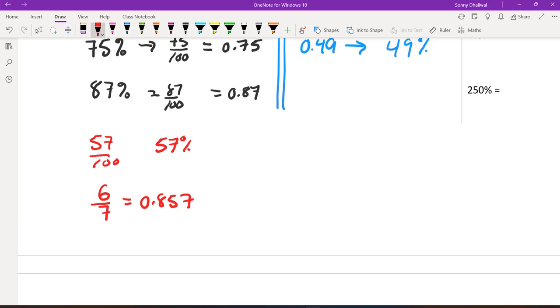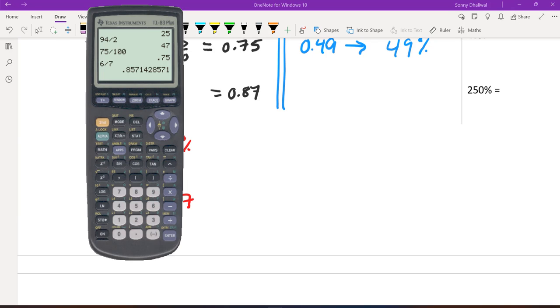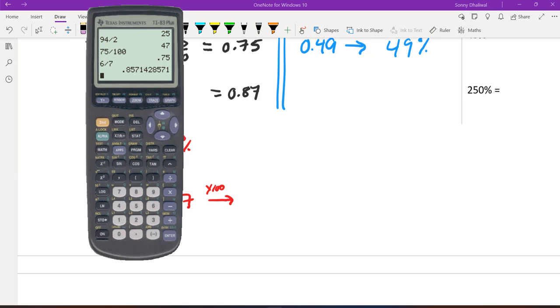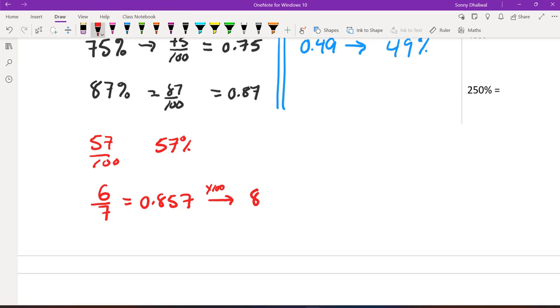You notice that it goes on for a long time. You only have to go 3 decimal places. Now, to get that as a percentage, you multiply that by 100. So 0.857 times 100 is 85.7%. And remember to include that percentage symbol.